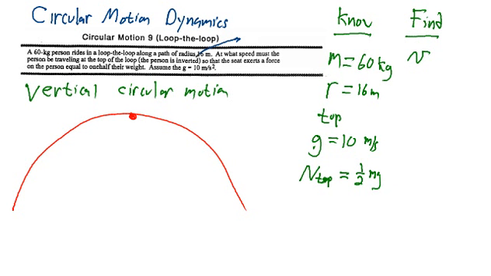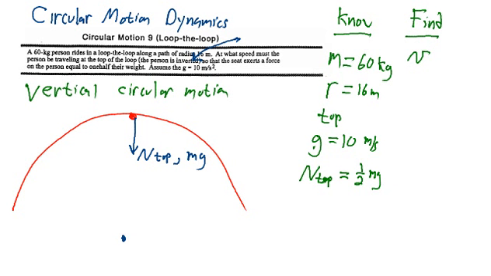So that implies that the seat is above them, and so the normal force is going to point in the downward direction. So it's almost like a book being pushed against the ceiling. So the normal force at the top points in the downward direction, as well as the weight of the object, because the ground is below.